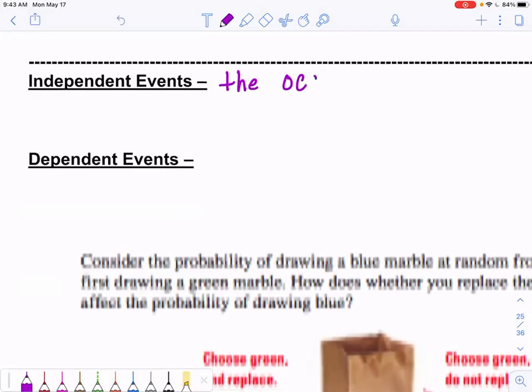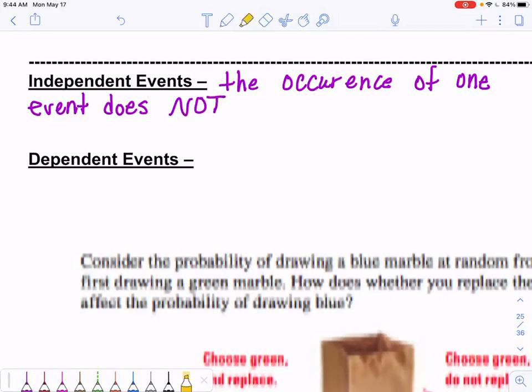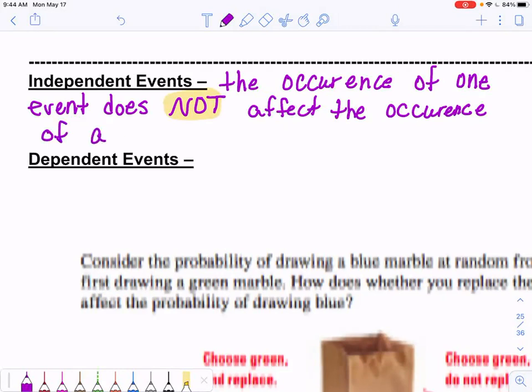The occurrence of one event does not, and I'm capitalizing that word not, highlighting that word not, because that's important, affect the occurrence of a second event.